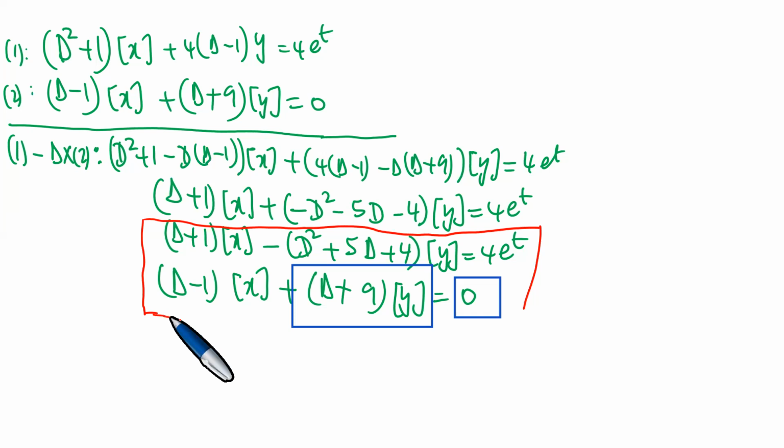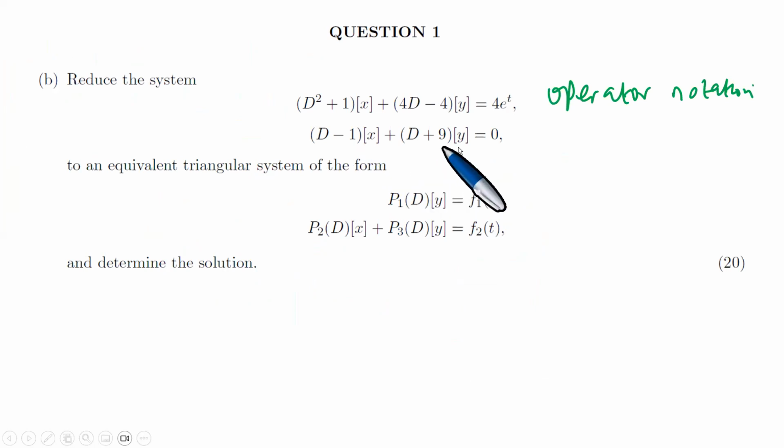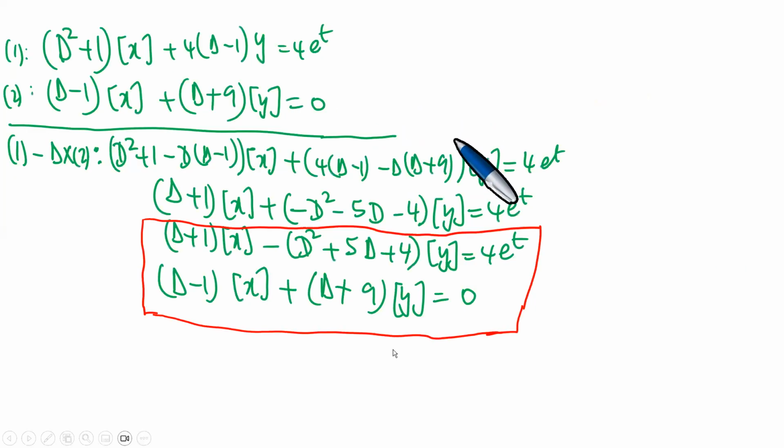How did you get the d plus 9, right? The d minus 1 into x, d plus 9 y equals 0, it is from here. It's given in the question. So it's equation 2. Okay, so we just wrote equation 2 again.